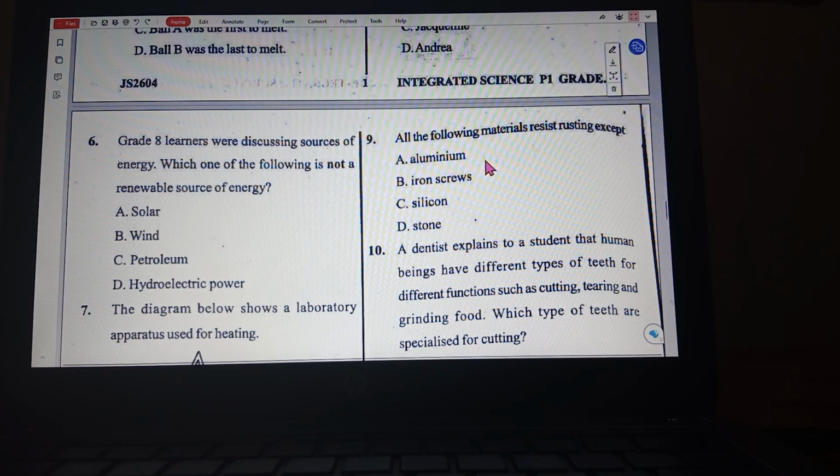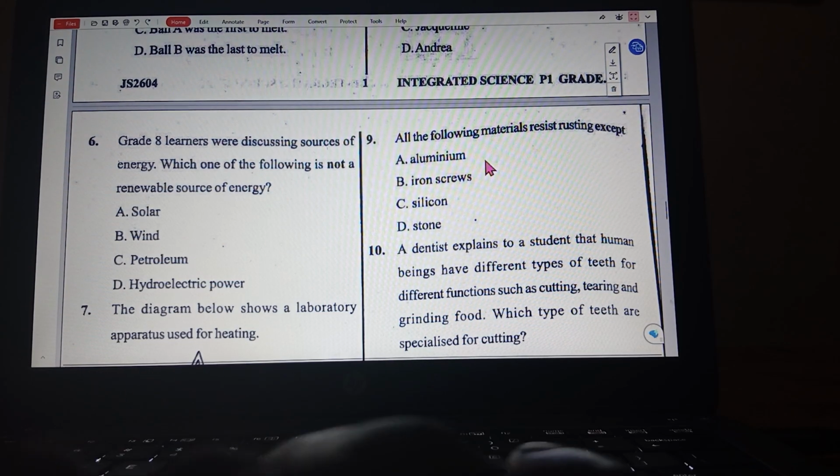So rusting in simple terms is just a brown coating that happens on iron items, because of iron combining with moisture and air to form rust. Do we remember the chemical name for rust is hydrated iron 3 oxide?